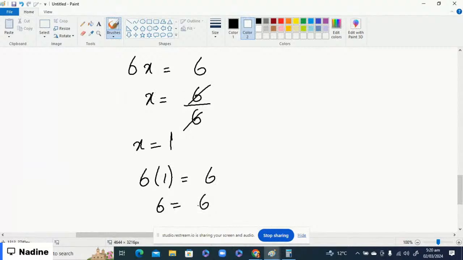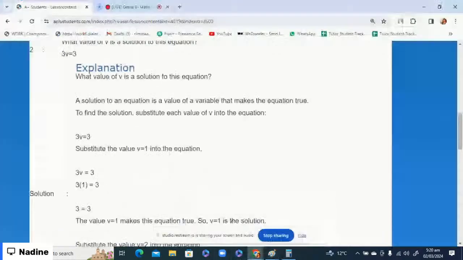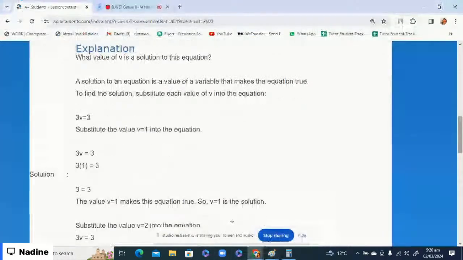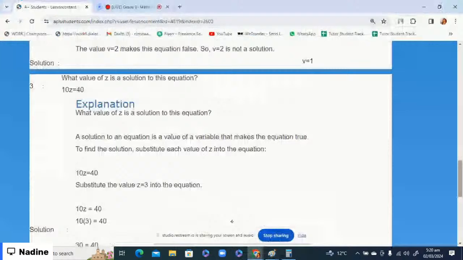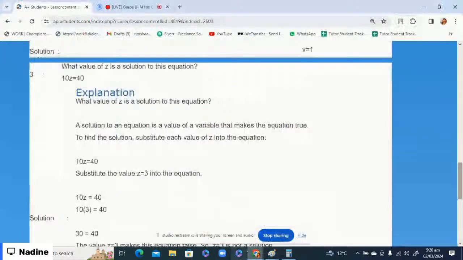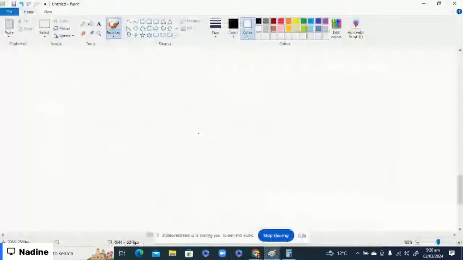Okay. Now let's check some other questions. For example, if you have a question like this, 10x, which is equal to 40. Now the same thing we are doing. We multiply 10 with x. 10x is equal to 40.